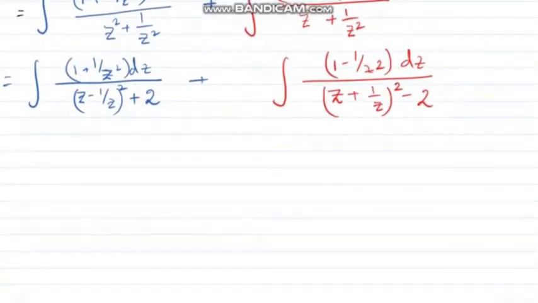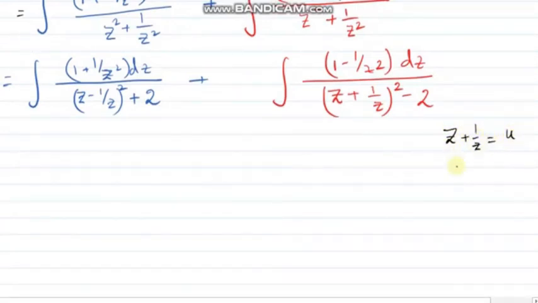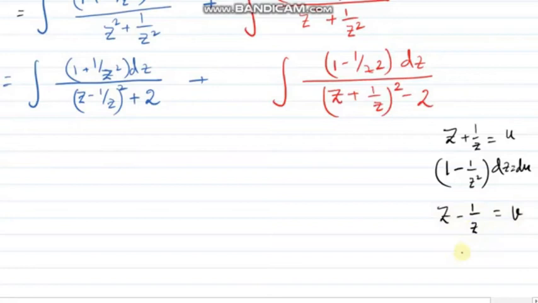What substitution? First, if I take z plus 1 by z as u, if I differentiate I will get 1 minus 1 by z square into dz equals du. And next, z minus 1 by z equals v. If I differentiate, 1 plus 1 by z square into dz equals dv, right?